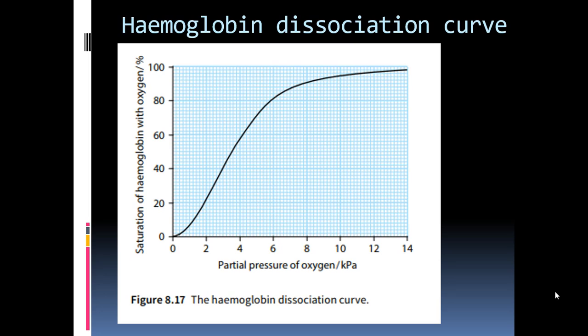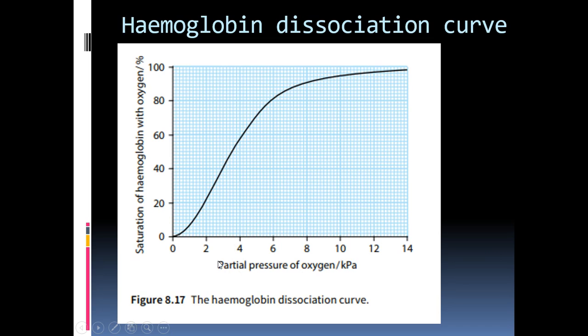Okay, so there is an investigation that has been carried out to see how the hemoglobin behaves. What has been done is that the hemoglobin is extracted from blood and exposed to different concentrations of oxygen. And these different concentrations of oxygen are shown as partial pressure of oxygen, as you can see in the x-axis here, right?